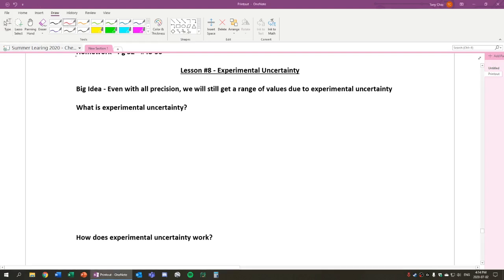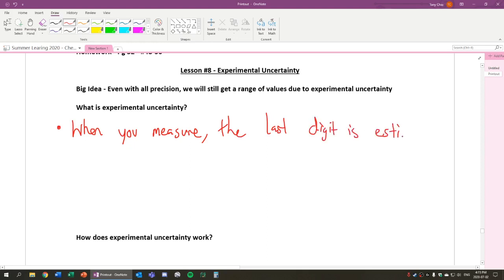Well, when you measure an object, the last value is estimated. When you measure, the last digit is estimated. Because of that, there's a range of estimates.